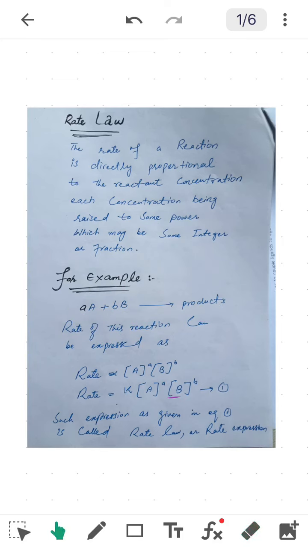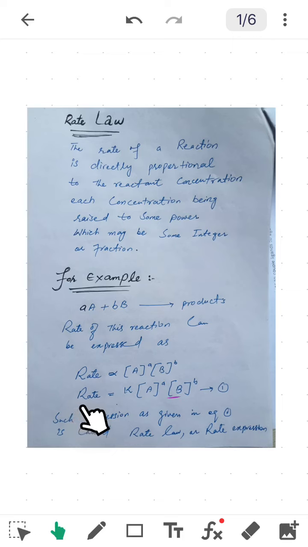Here small a represents the concentration of A and small b represents the concentration of B. So the rate expression for this reaction is: rate is directly proportional to the concentration of A to the power a, concentration of B to the power b.